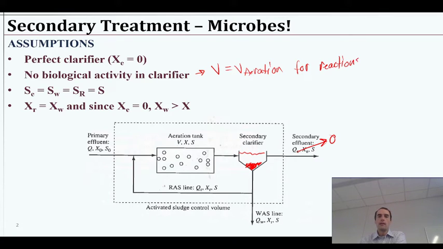So if we're looking at, let's say, theta equals V over Q, the V that we're talking about is the volume of the reactor, right? The volume of the aeration tank. So we can exclude the sedimentation chamber, the clarifier, based on that.